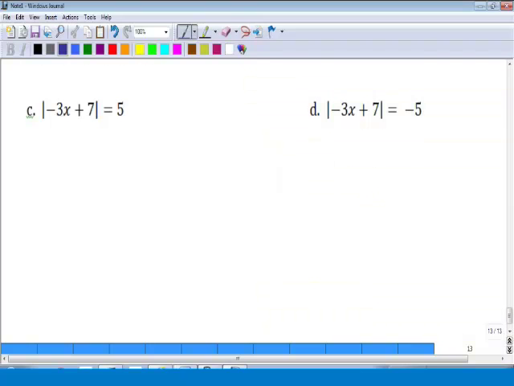The absolute value of negative 3x plus 7 equals 5. That could happen if negative 3x plus 7 equals 5. It could also happen if negative 3x plus 7 equals negative 5, either way. We just follow through and solve the individual equations to see what we get.